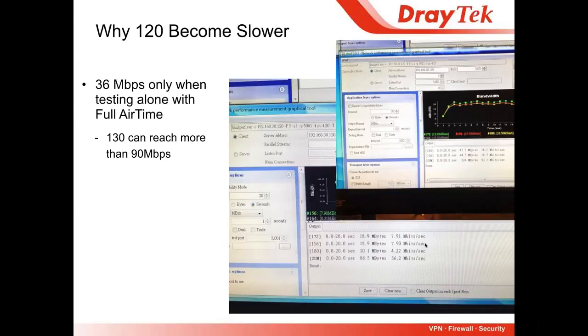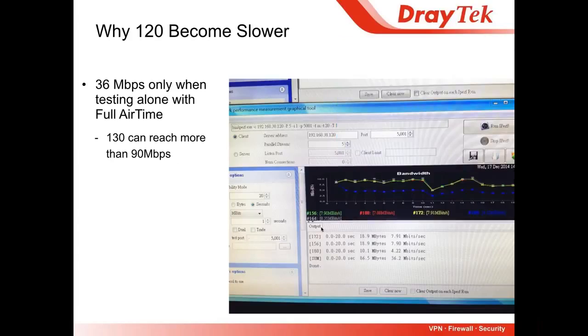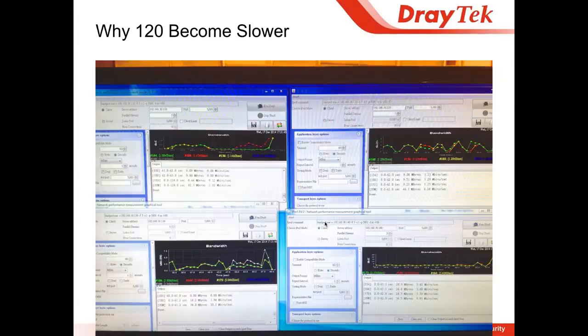So that means this guy 120 is the slower PC. We don't know the reason why it is slow. It could be a slower processor or some other problems inside. We don't know. But in this case, the bottleneck is not the Wi-Fi, so the airtime fairness cannot help. We can check this group's performance results.